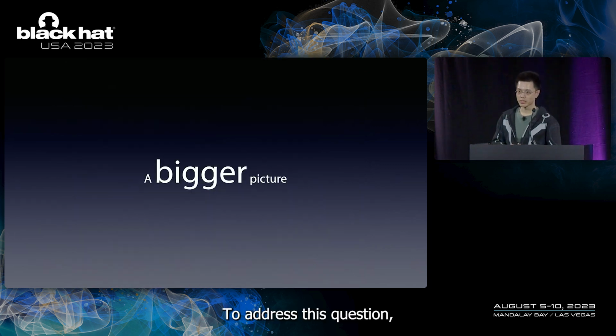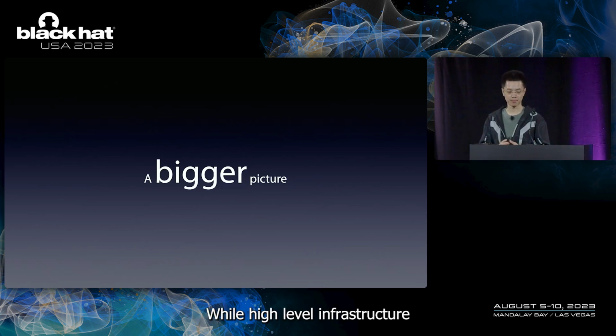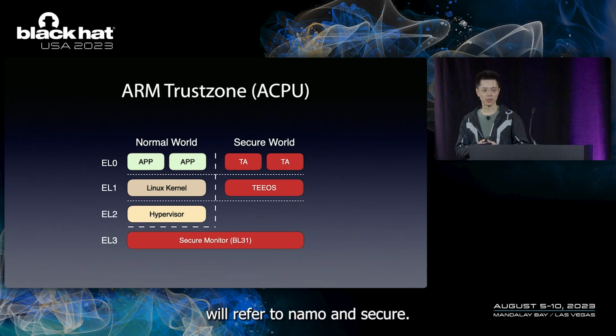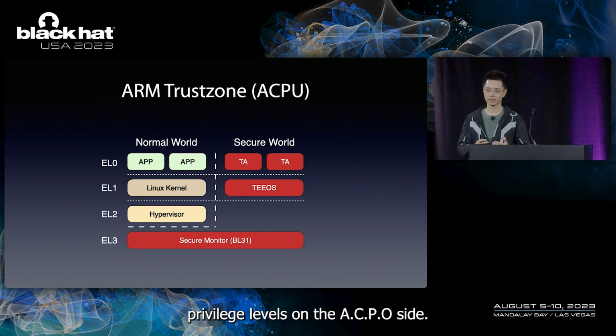To address this question, we will have to zoom out and take a broader view of the secure world's high-level infrastructure. When we refer to normal and secure, we primarily mean the software running in different privilege levels on the ACPU side.